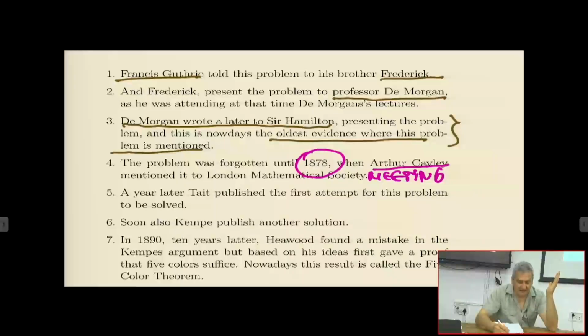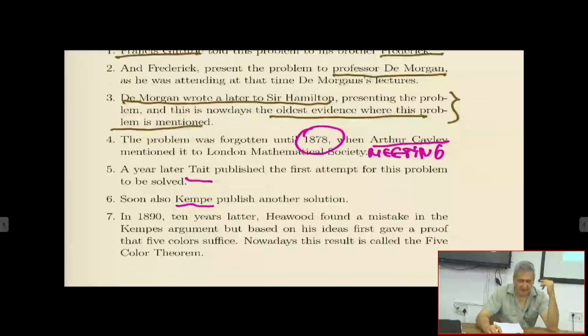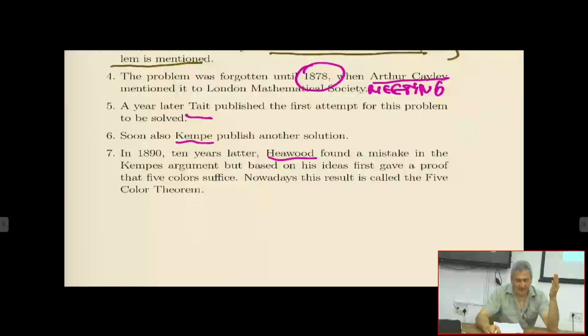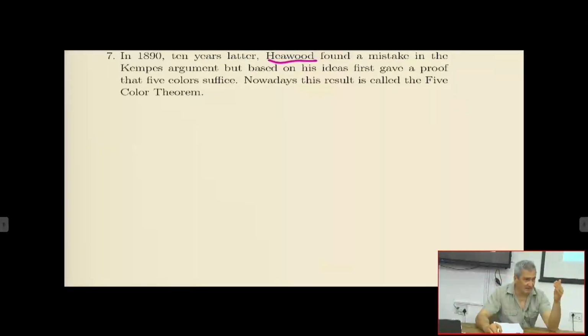Then Tait tried to prove it, giving a false proof. Kempe also tried to prove it, gave a false proof, yes. Heawood would use the idea of Kempe and prove instead of 4 colors with 5 colors. Okay? And then this is how it started, everybody got involved.